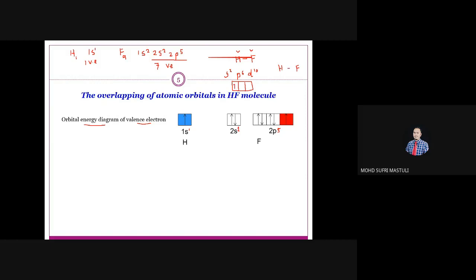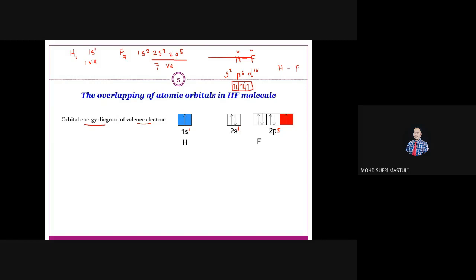1, 2, 3, and then 4. When we are done with this, we can identify which orbital is involved in the chemical bond.